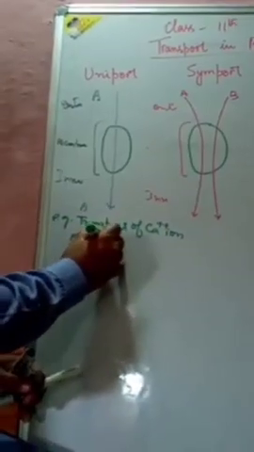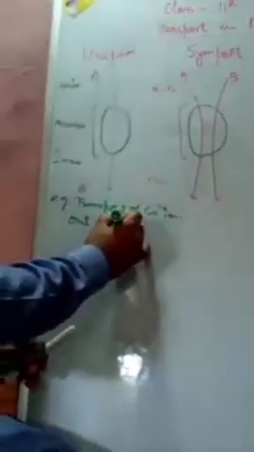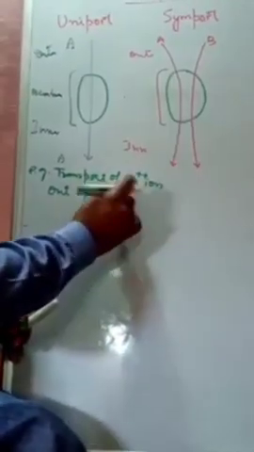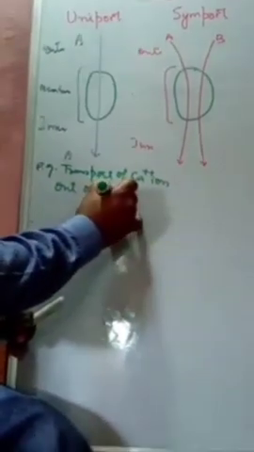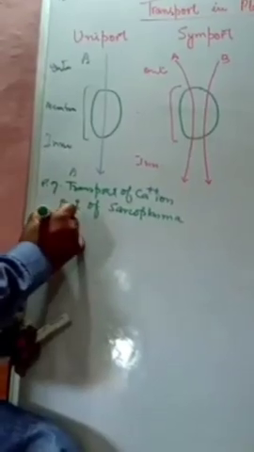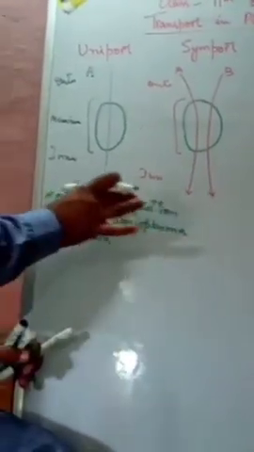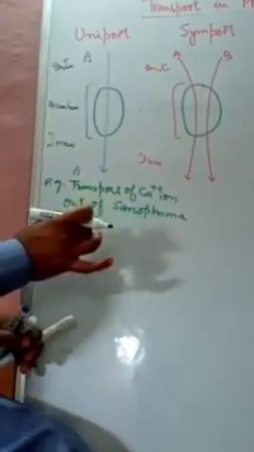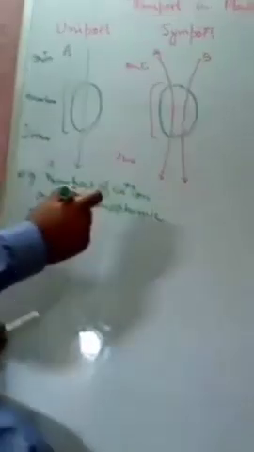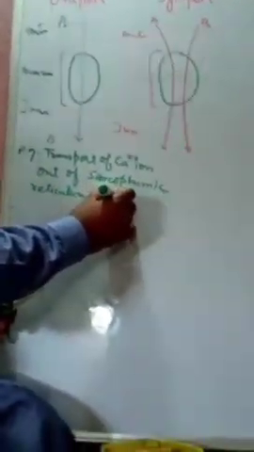These calcium ions are transported out of the sarcoplasmic reticulum in muscle cells, when the contraction of cells takes place.